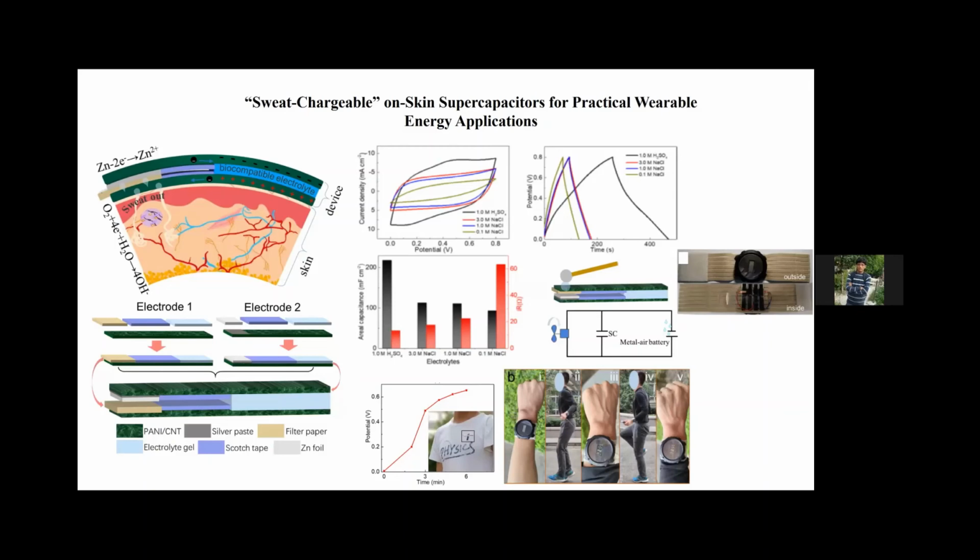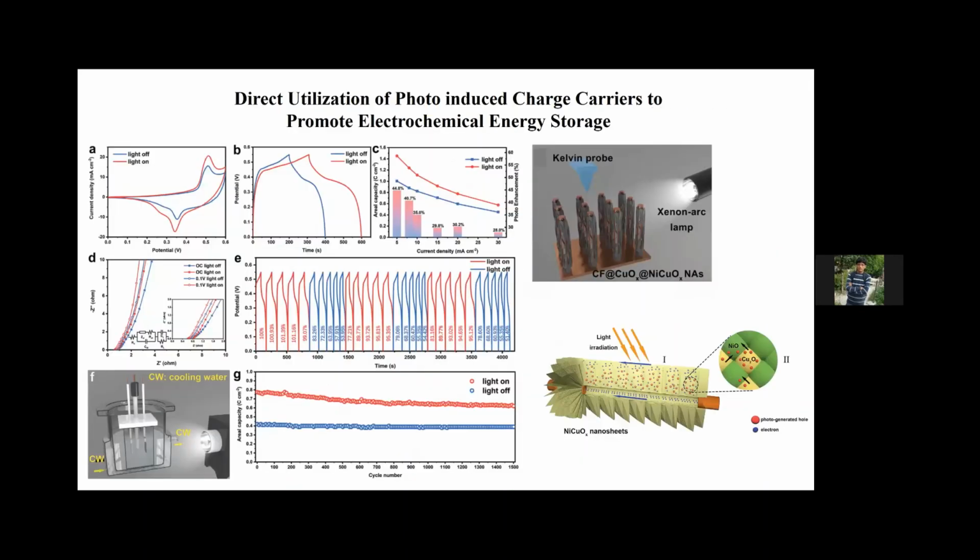And the second one is photo detectors. So how is this supercapacitor used? Suppose they make a special kind of structure of copper oxide and nickel copper oxide, and with this supercapacitor, we can see here, when the light is on, it is charged.